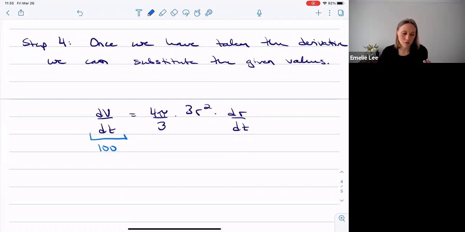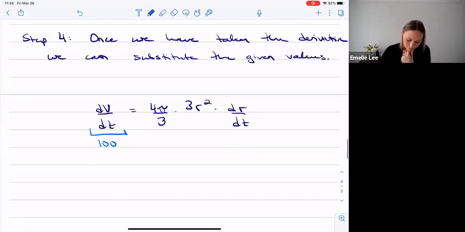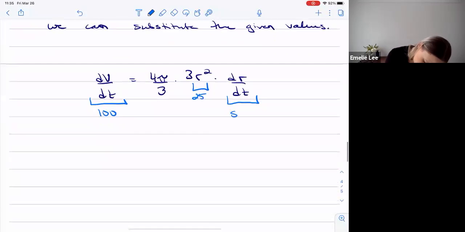In this example, it's positive, so that's good. 4 pi over 3 times 3 is just a constant, but r is 25. And dr/dt is what we actually want to find. Solve for dr/dt.